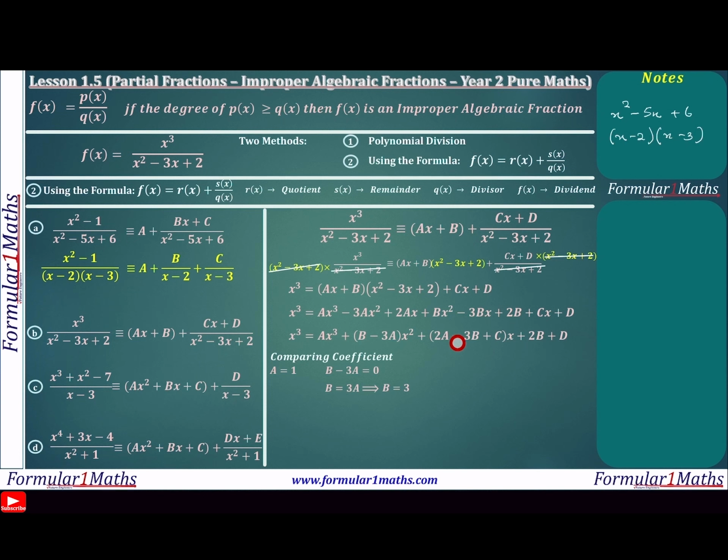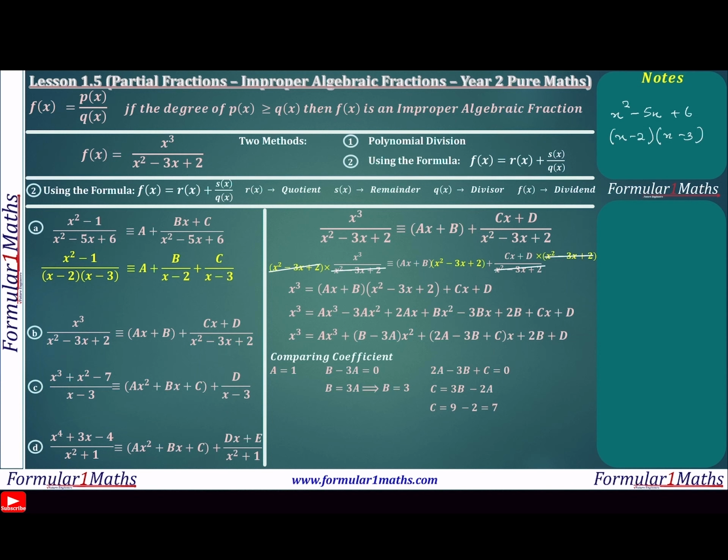For the x term, the coefficient on the right-hand side is 2a minus 3b plus c, and the corresponding coefficient on the left-hand side is 0. So I have 2a minus 3b plus c equals 0. This means c is equal to 3b minus 2a. But I know the values of a and b, and so if I do my substitution, I'm going to get c equals 7.